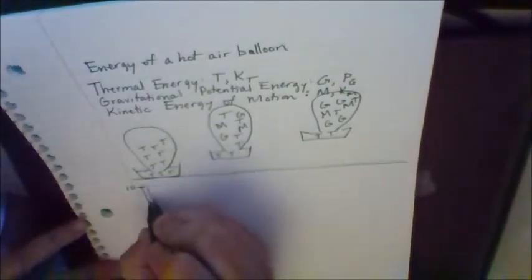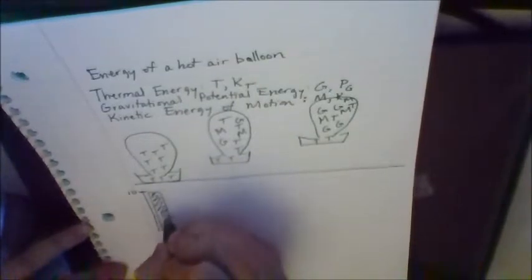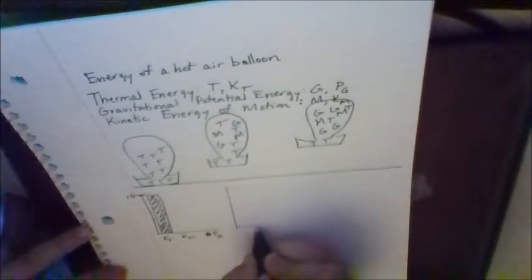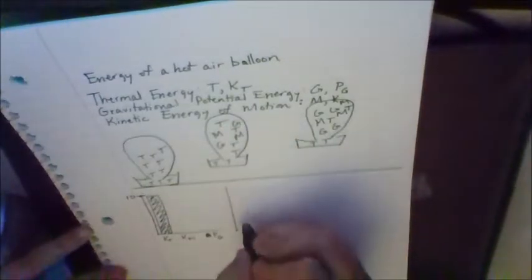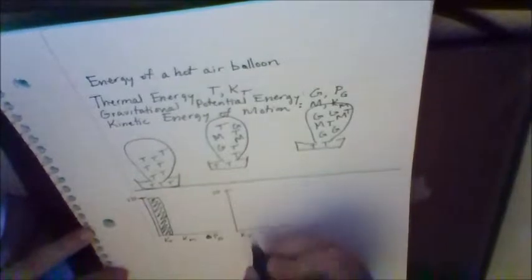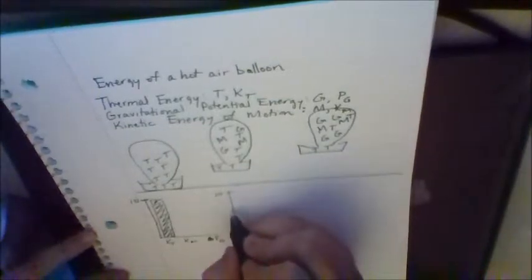So we start out with all kinetic energy, 10 units, and we have that here. Then we go to the next stage, and of course some of that kinetic energy of thermal turns into kinetic energy of motion.